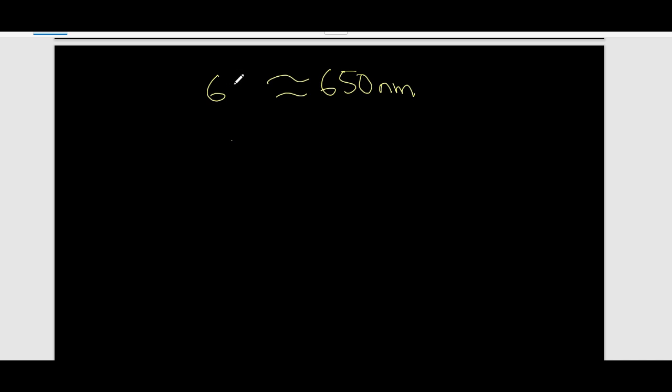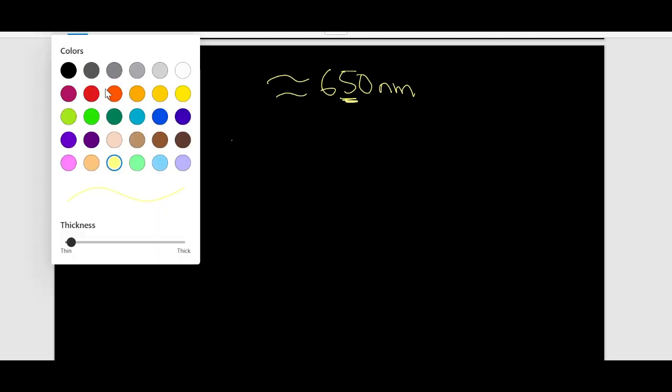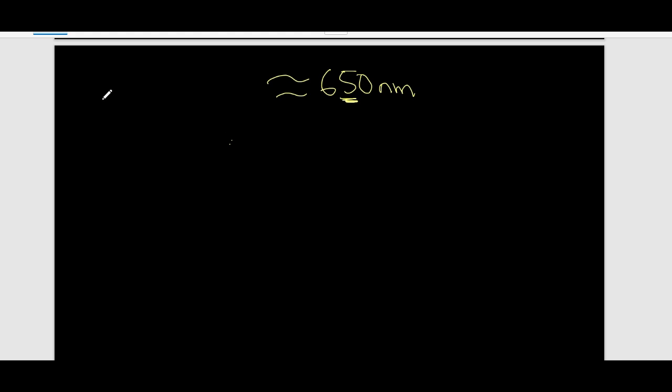Maybe some machines cannot go to 650, so you can set it at 645. Depending on your machine's capability, just set it close to 650. That's our objective.